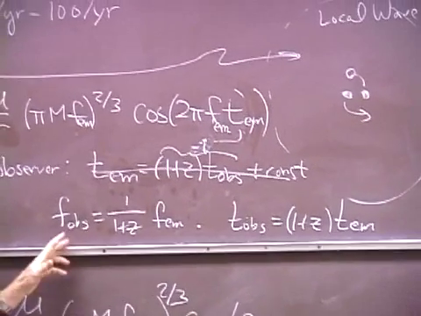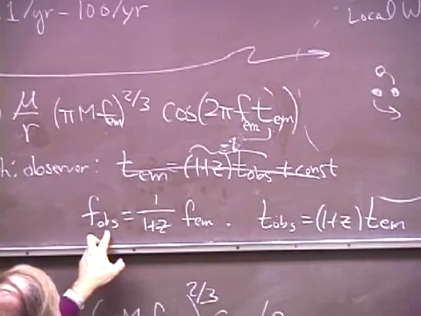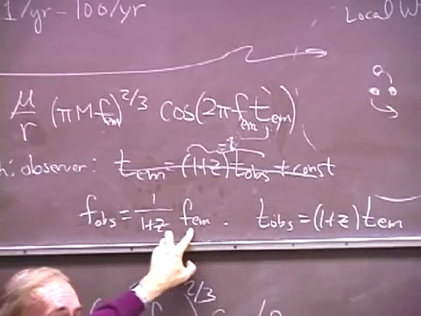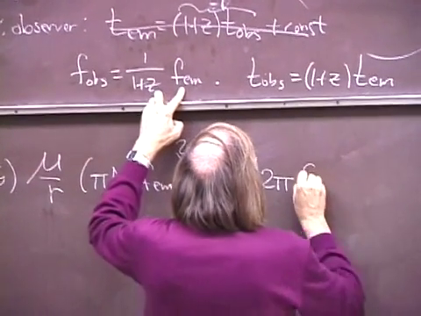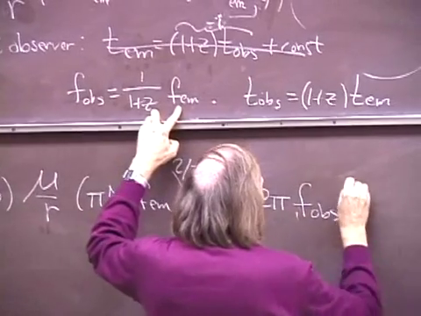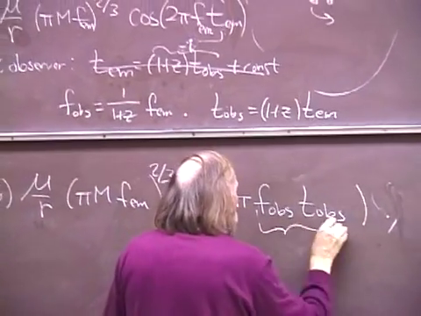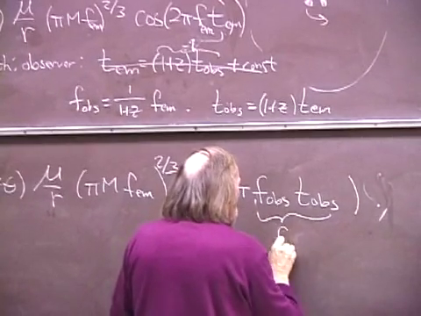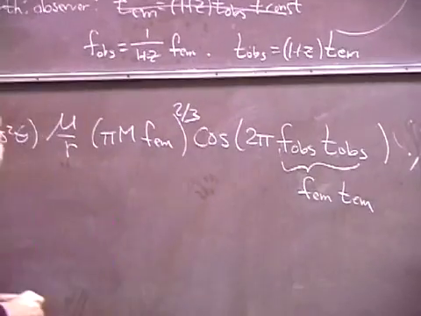That is, they redshift in opposite directions. And the observed frequency is lower than the emitted frequency. And so this is cosine 2 pi F observed T observed, and F observed T observed is the same thing as F emitted times T emitted.